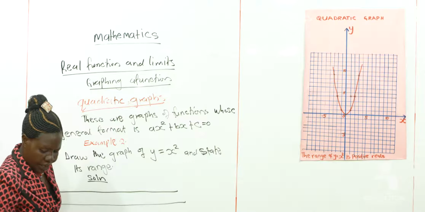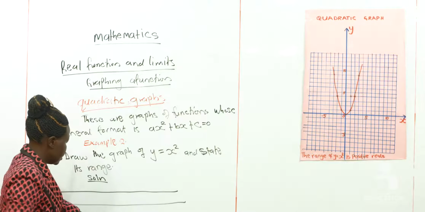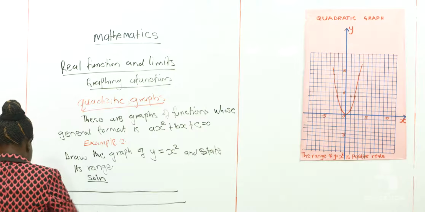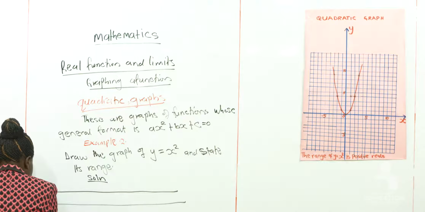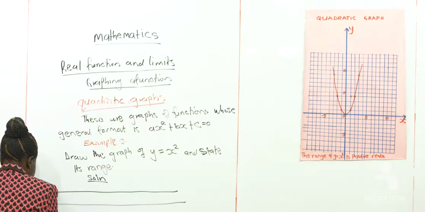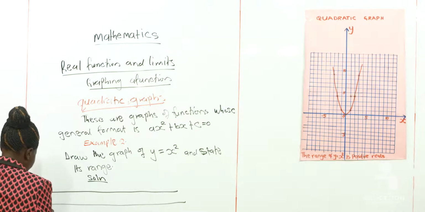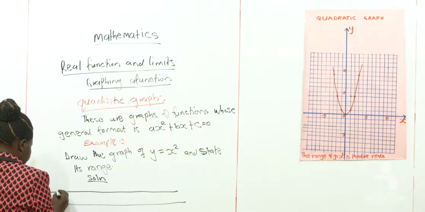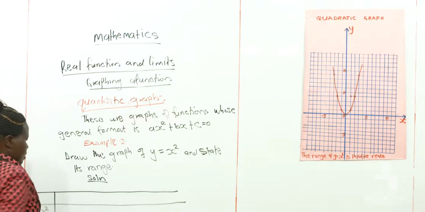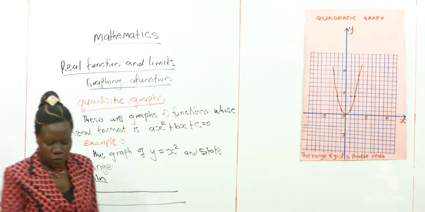Your table of values will appear in this nature. This is for x and this is for y, and our y here is given as x square.